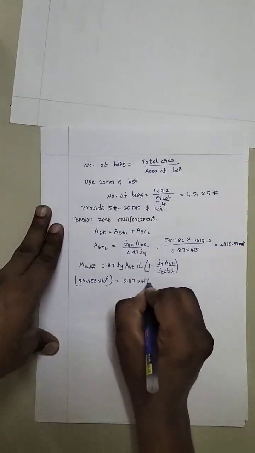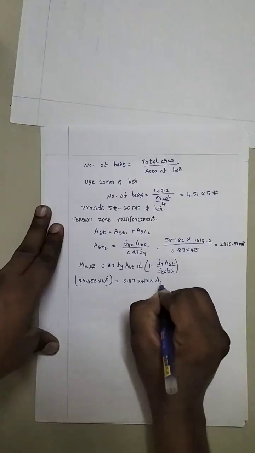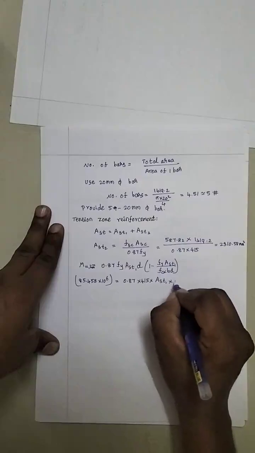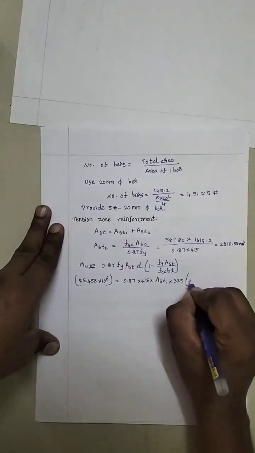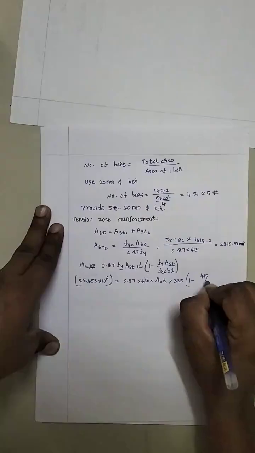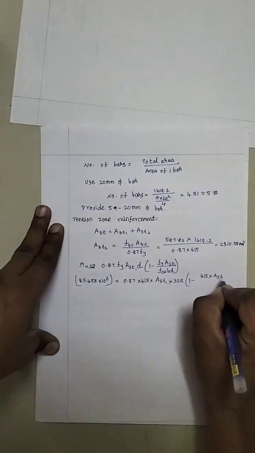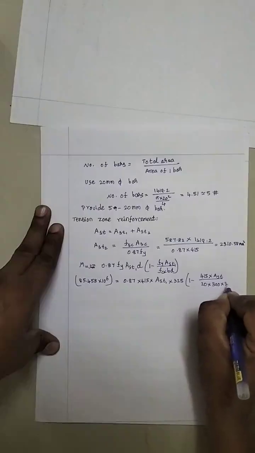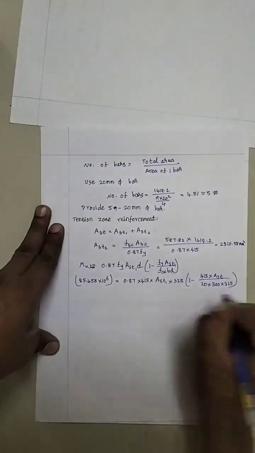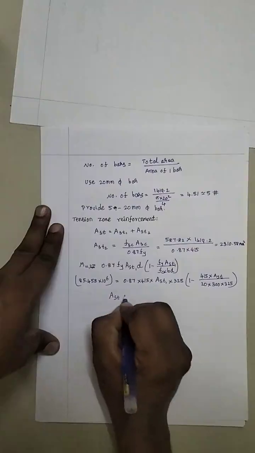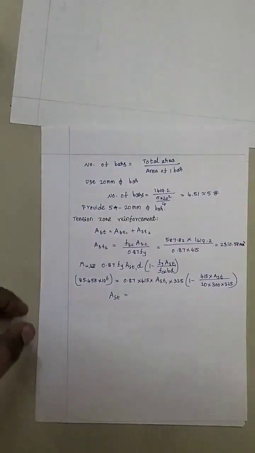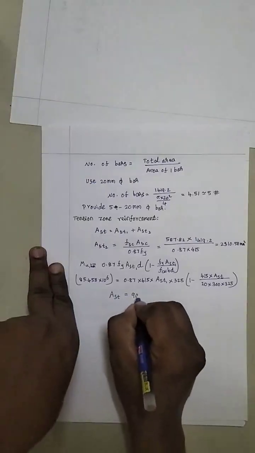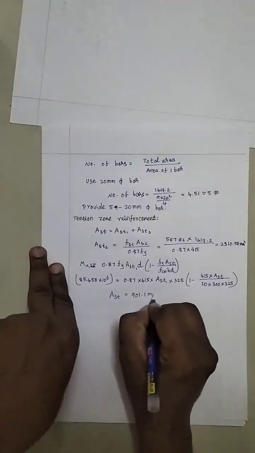So 0.87 into 415 into AST1 into D is 325, into (1 minus 415 AST divided by FCK is 20, B is 300 and D is 325). So the AST value which we are getting is 901.1 mm square, that is the AST1 value.